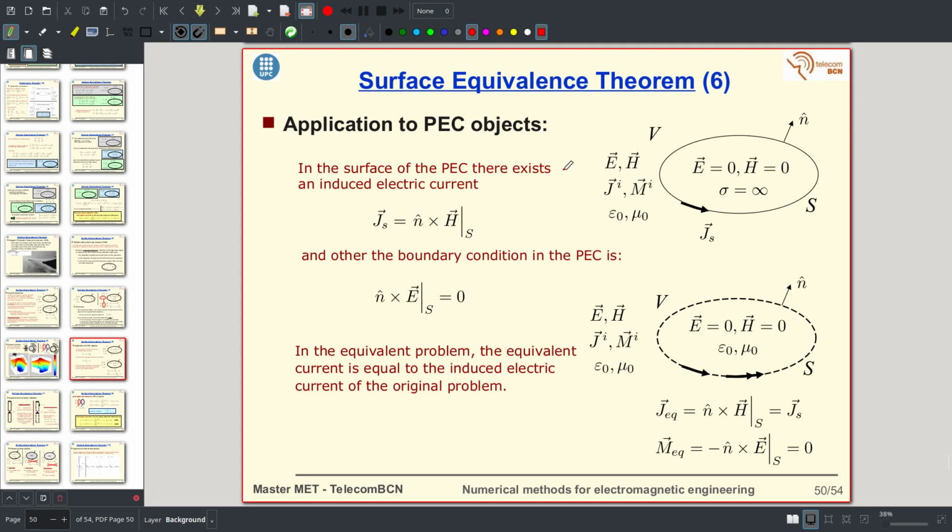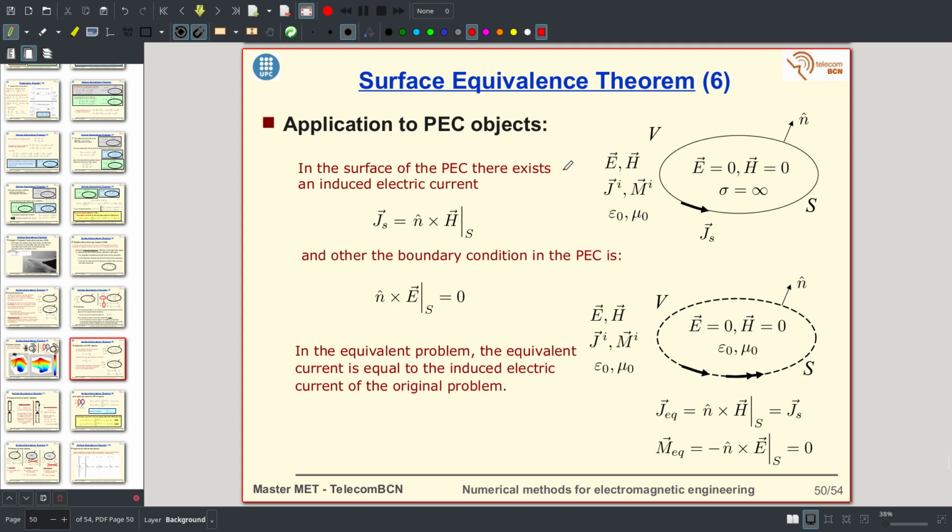Remember that I said before that this was the easy case, and the other case is when the object is dielectric or magnetic, with fields different than 0 inside. In this case, we need to set the equivalence theorem both inside and outside the object and link the two problems using the boundary conditions and get a system of equations, and this is much more complicated.